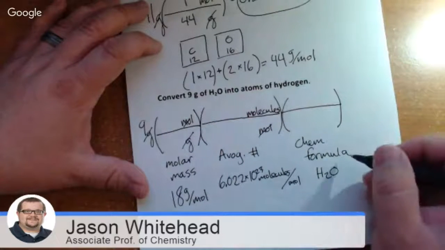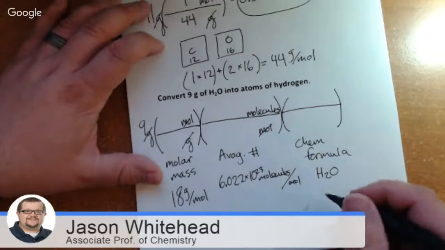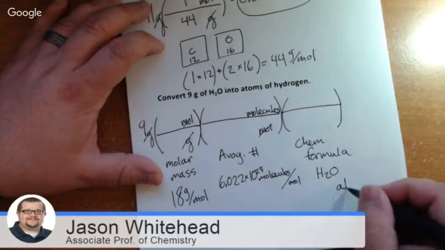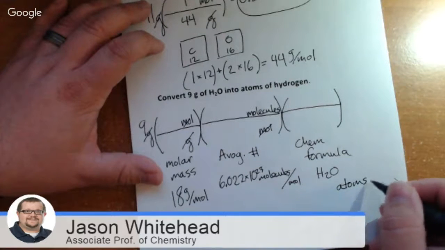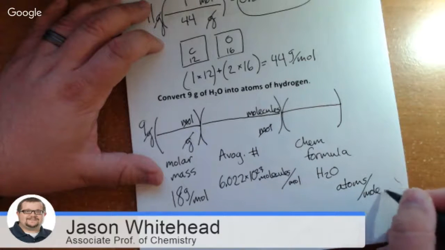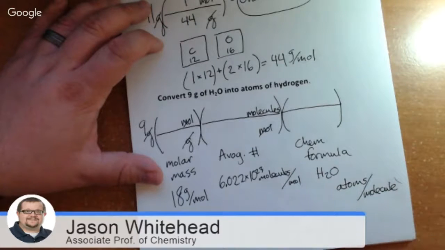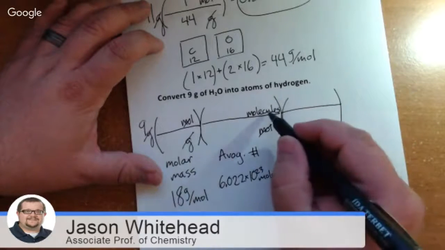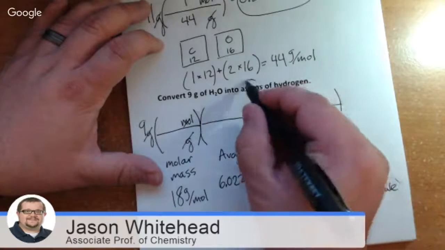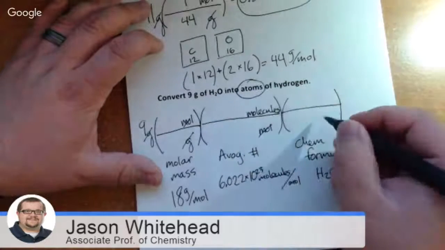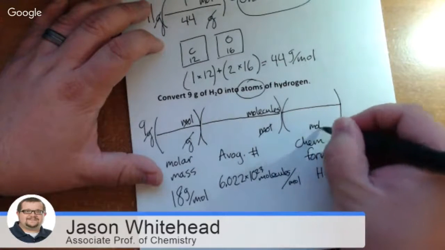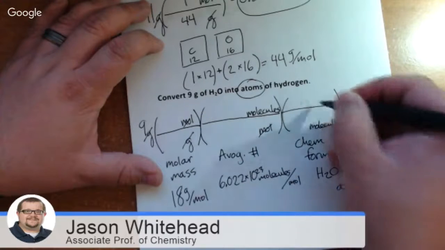And then our last one, our chemical formula, the unit on this is atoms per molecule. So when we go to put this in here, I want to cancel out the molecules because I want my final answer in atoms. So I'm going to put molecule on the bottom.